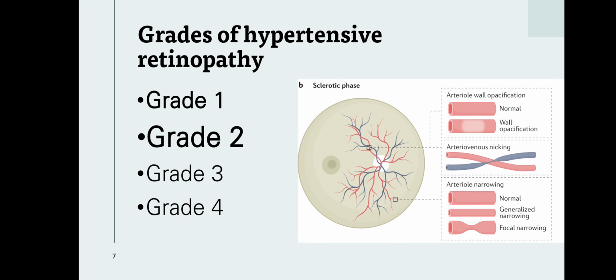The sclerotic phase is marked by changes in the vascular wall, which would cause wall opacification, so that there is increased reflectance of the light from the vessel wall. There would be some changes seen in the crossing where the artery and vein are crossing, and there can be segmental narrowing and focal narrowing of the arteries.